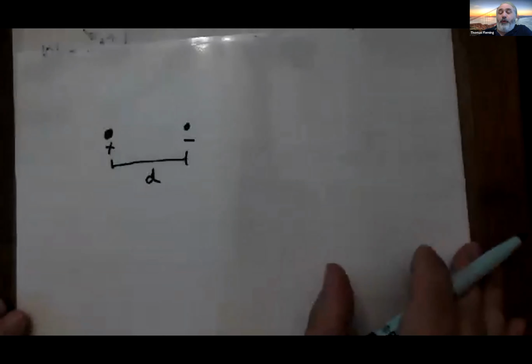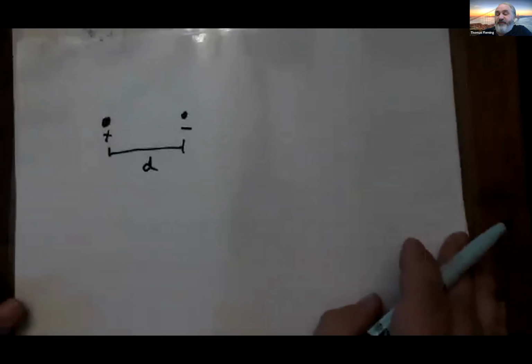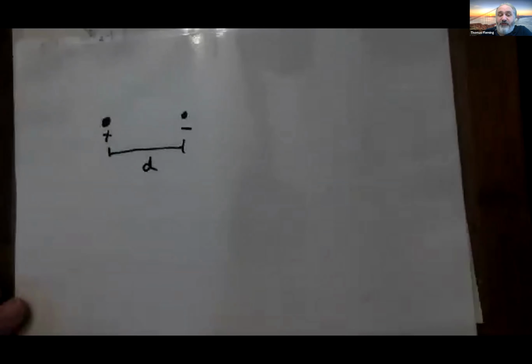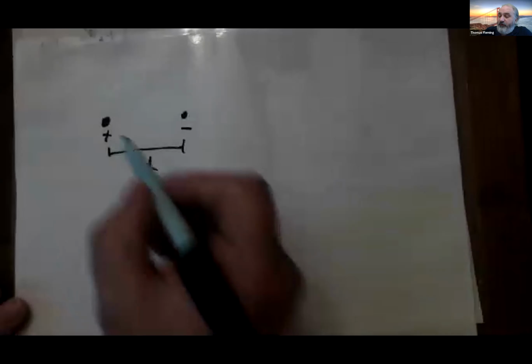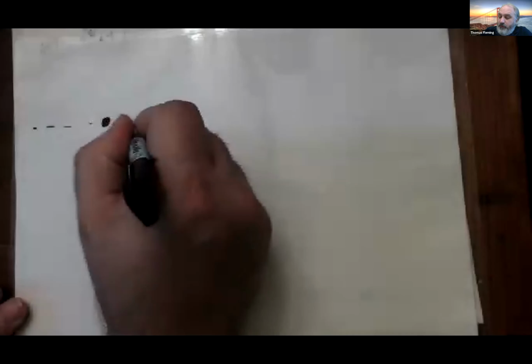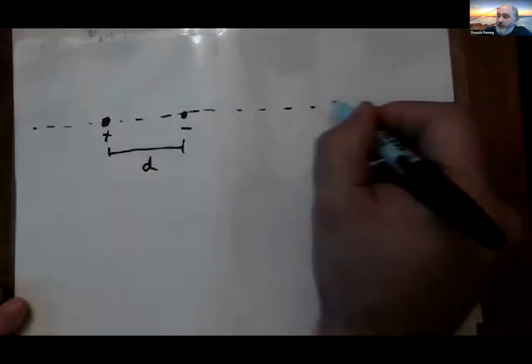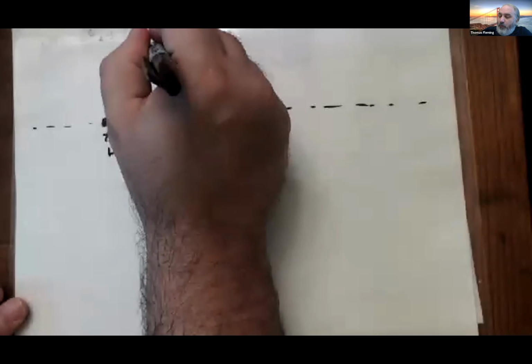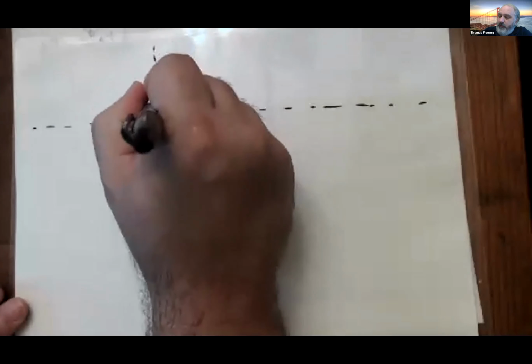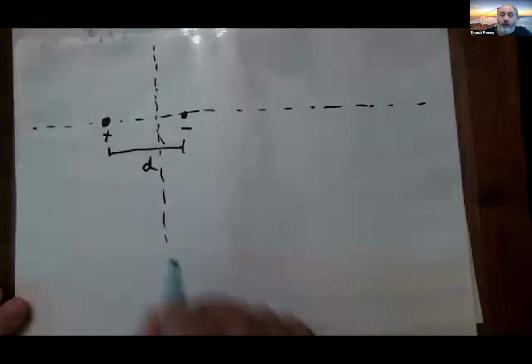Now, in order to do that, we're going to do this in a couple of different locations. And we're going to be testing both those locations today in the lab. One of the locations is along the axis of the dipole. So you'll notice these two are along the same line. So imagine that's my x-axis, and then let's have my y-axis run straight down the middle.